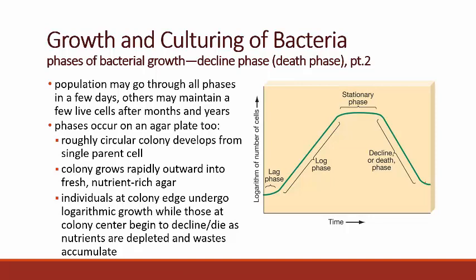And we see these same phases occurring not just in broth media, but also on agar plates. If a bacterium lands on the agar plate, and as it grows and divides, we see the colony becoming larger and larger, and the original region may be in decline, while out at the edges, the colony may be just entering the log phase as it encounters fresh medium and grows larger and larger on the plate.